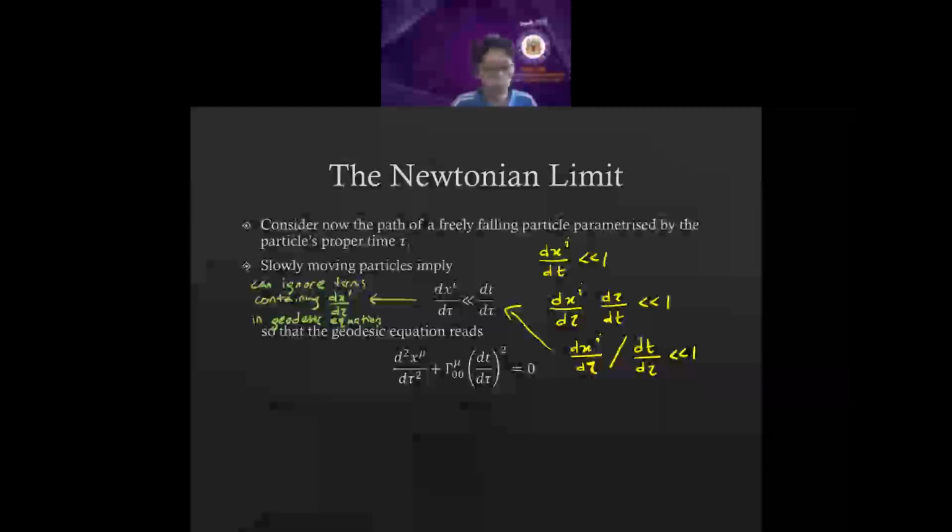So if you now consider the geodesic equation with all the sums just now, we are left only with this equation. Notice that if you look at the geodesic equation, I have already ignored all terms containing dx^i by d tau, right?